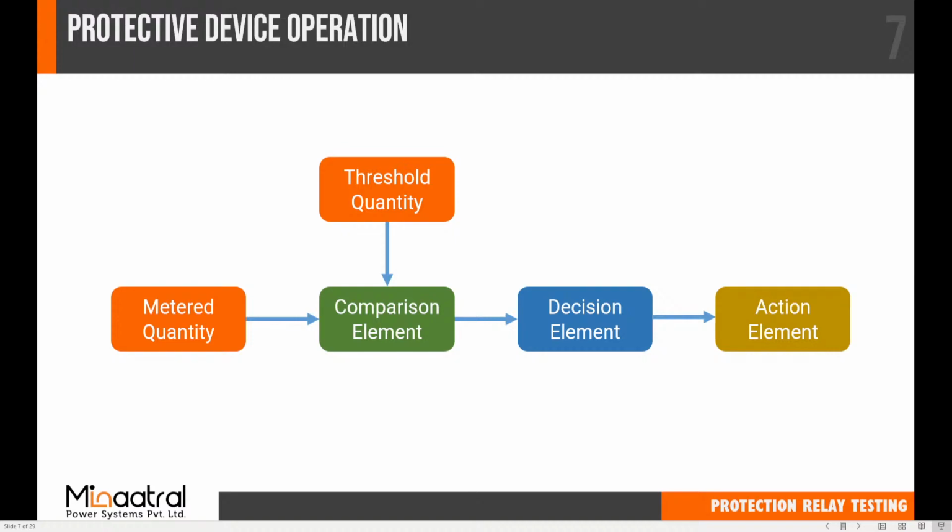So pickup is when your comparison element is enabled, right? So the comparison element is enabled when your measurement quantity is greater than your threshold quantity, and if your current is greater than your setting current, then the relay picks up. Now after a particular time, the relay trips. Now during pickup state, if the current goes below the threshold quantity or below your setting quantity, the relay drops off. So these are the states of your protection element.